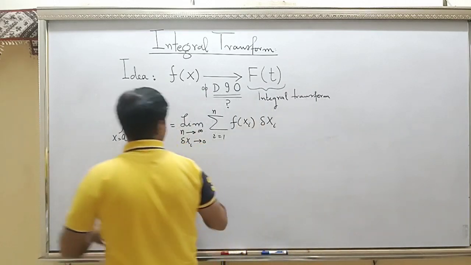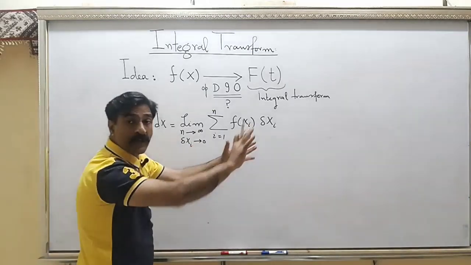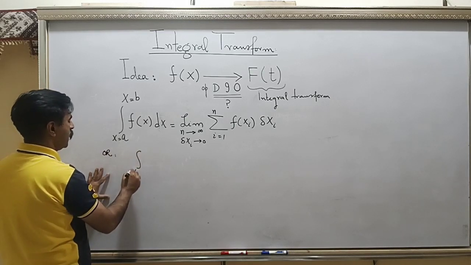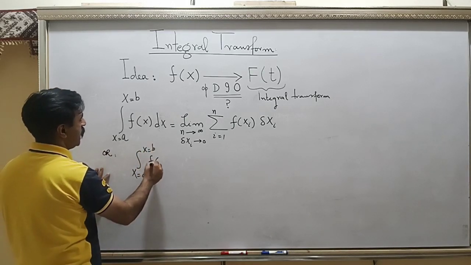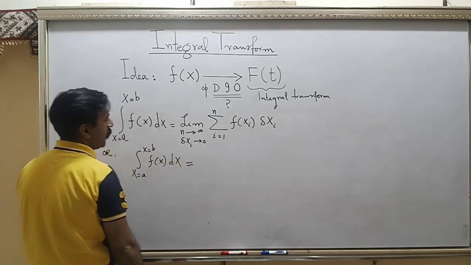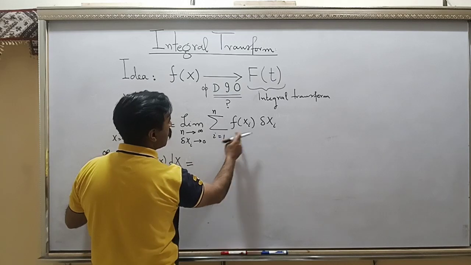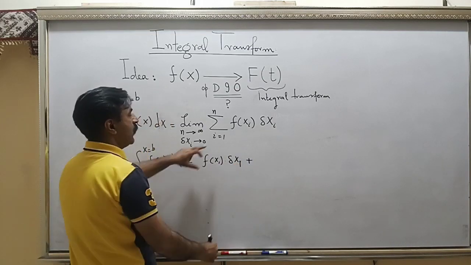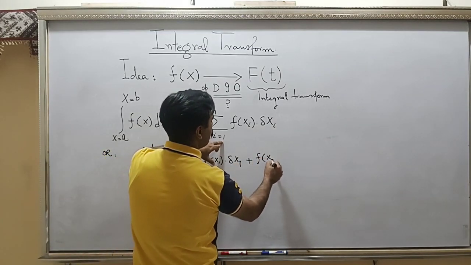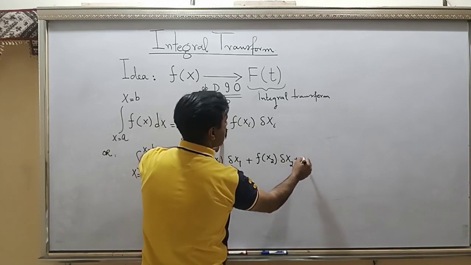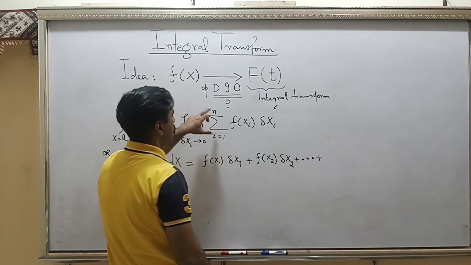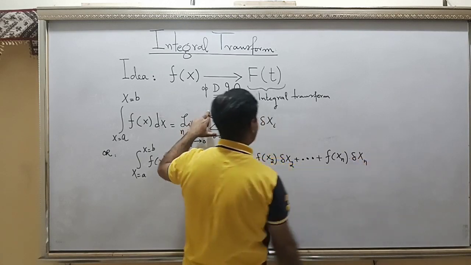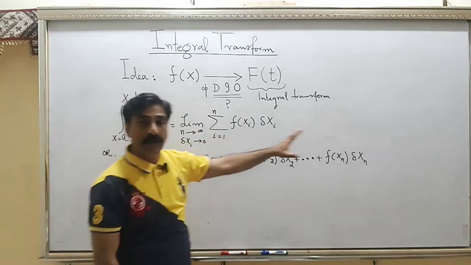And we may also write this definition in longhand, meaning expand this sum: integral a to b f(x) dx is equal to, using the value of i as 1 first, f(x1) delta x1 plus, then i is 2, f(x2) delta x2 plus dot dot dot plus the last value n, f(xn) into delta xn, where n is understood to be approaching infinity.